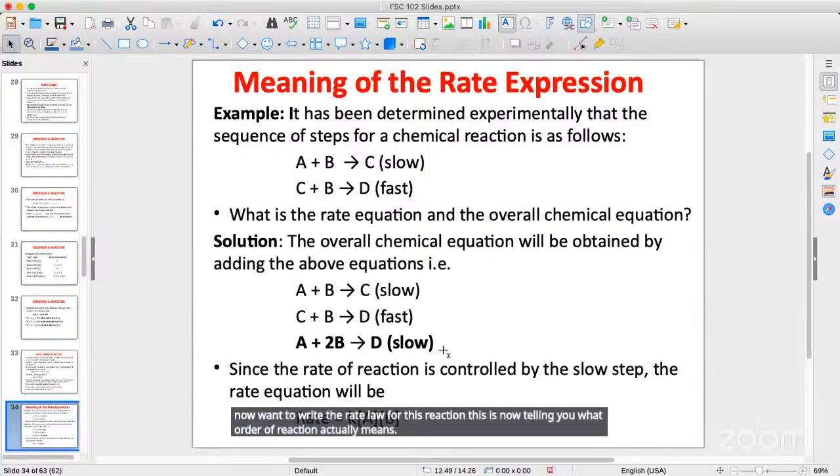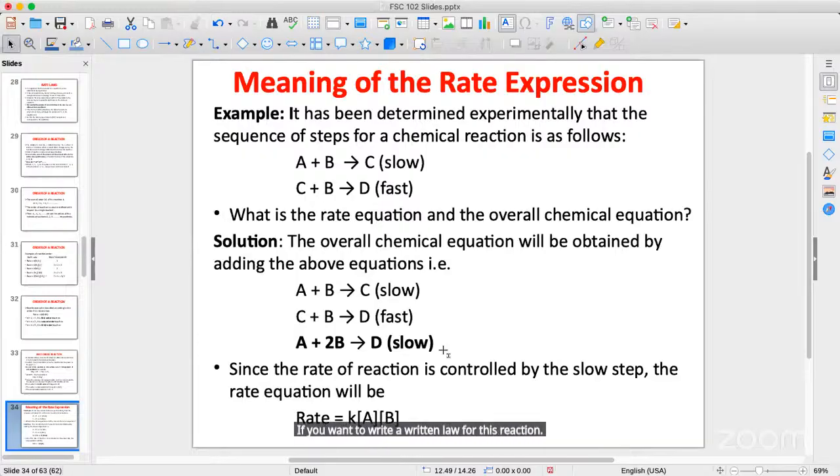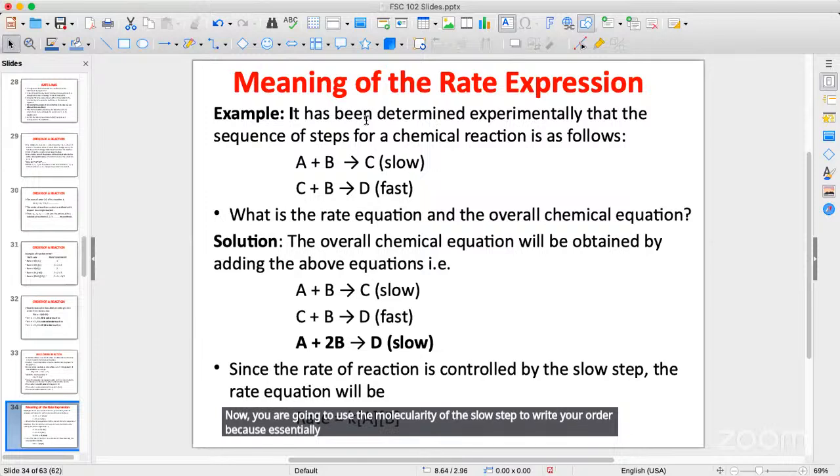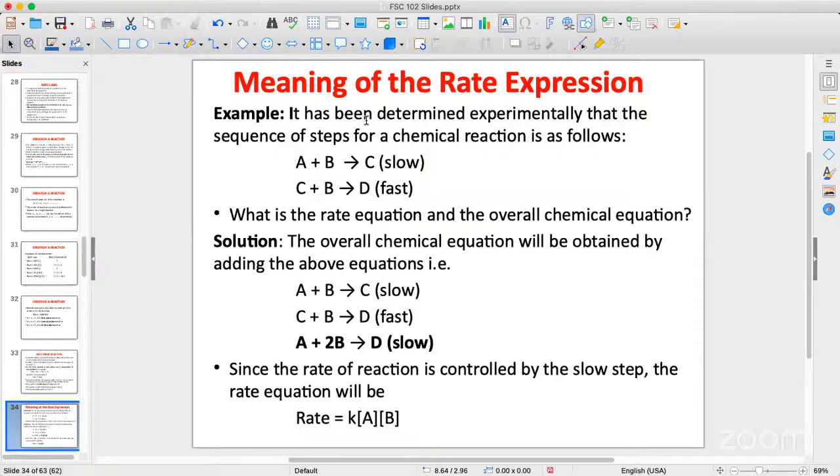You are going to use the molecularity of the slow step to write your order, because essentially, order of reaction is the molecularity of the slowest step.